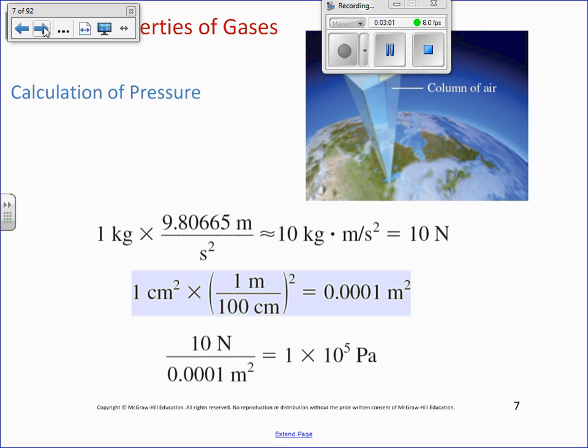Really what we're going to be concerned with is 1 atmosphere is 760 millimeters of mercury. And 1 atmosphere is also 760 torr. Torr and millimeter of mercury are the same.